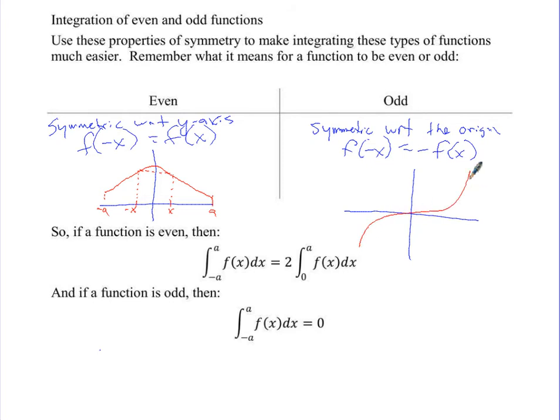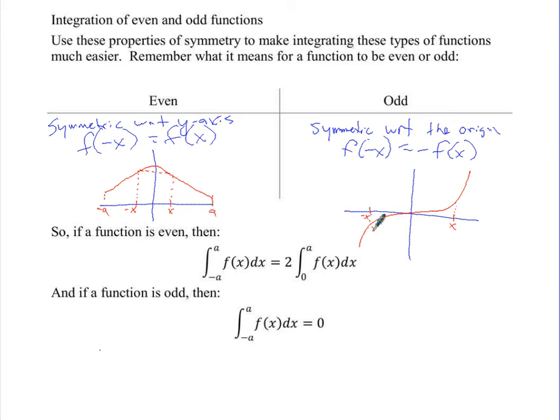That's pretty good, actually. Thank you. So if we have x here, then across I'll have negative x here. Then f at x would give me this positive y value here. Negative f at x would give me this negative y value here.